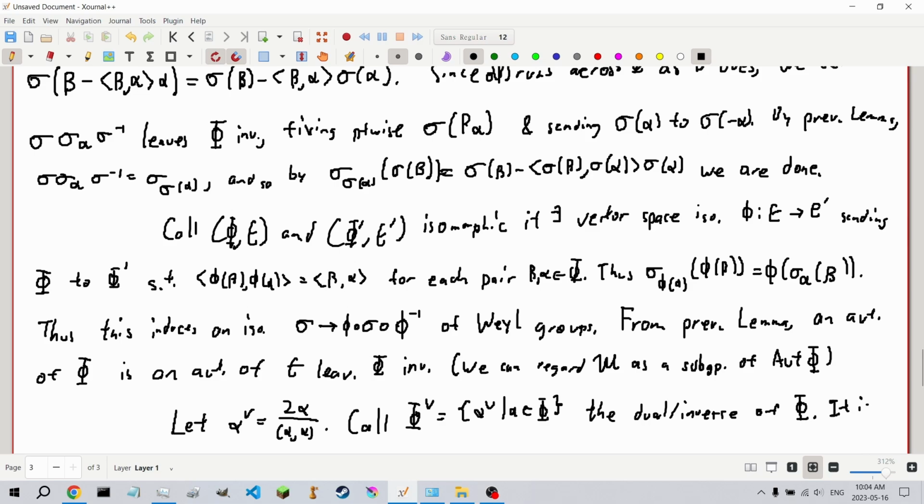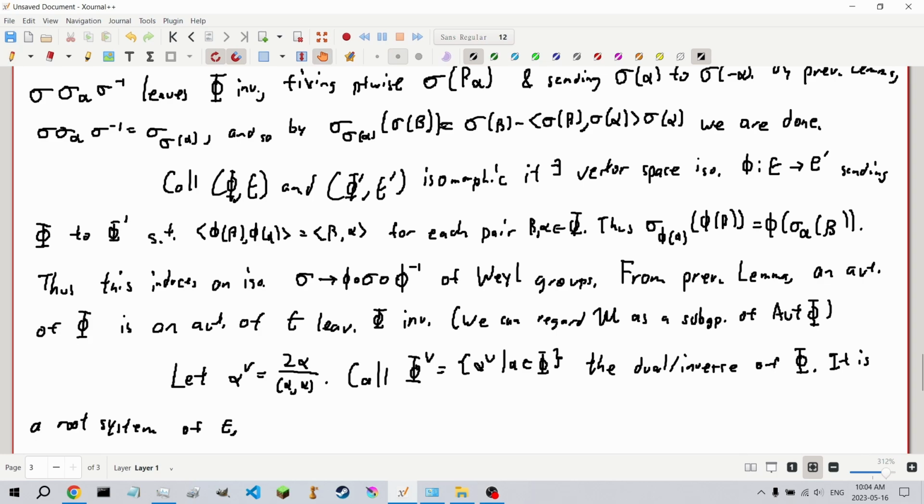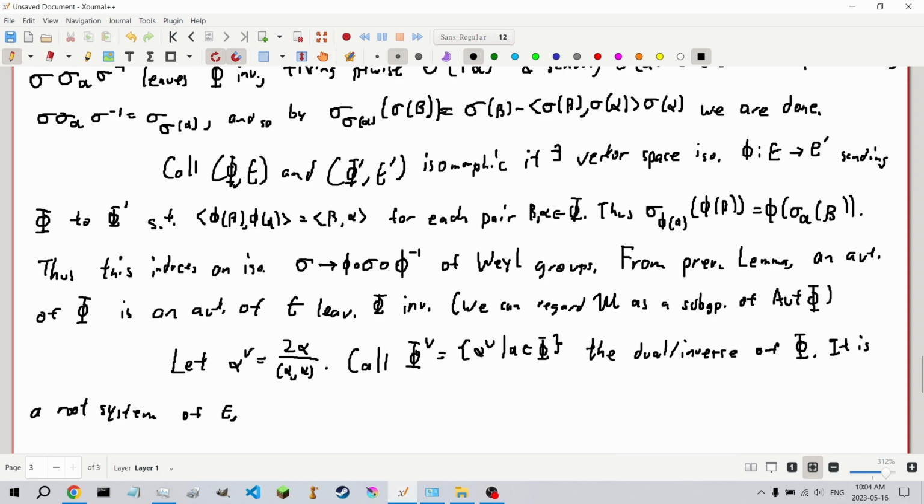This is your root system, phi dual of E, with a Weyl group isomorphic to our normal Weyl group.